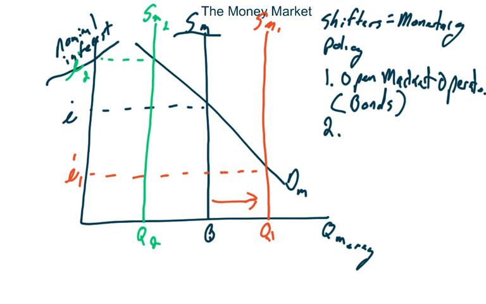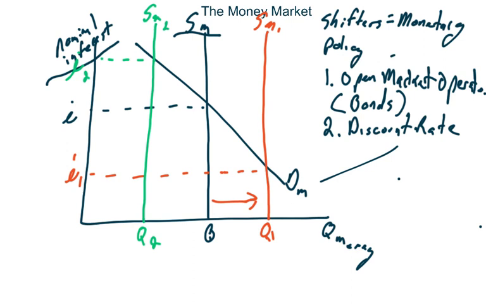The second shifter we're going to talk about is the discount rate. What is the discount rate? The discount rate is the interest rate that the Fed charges banks when they want to borrow money from it.